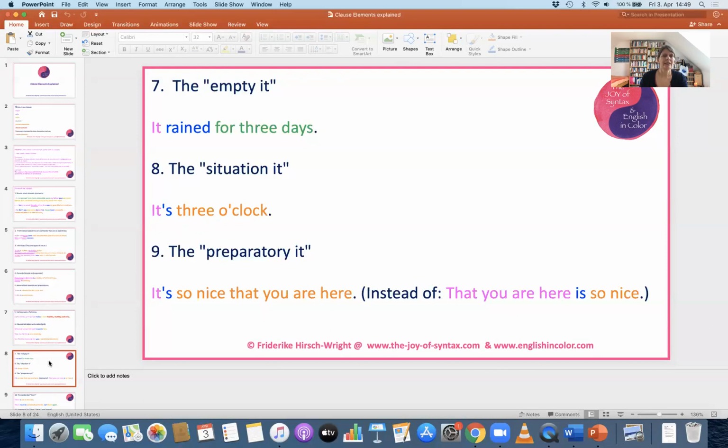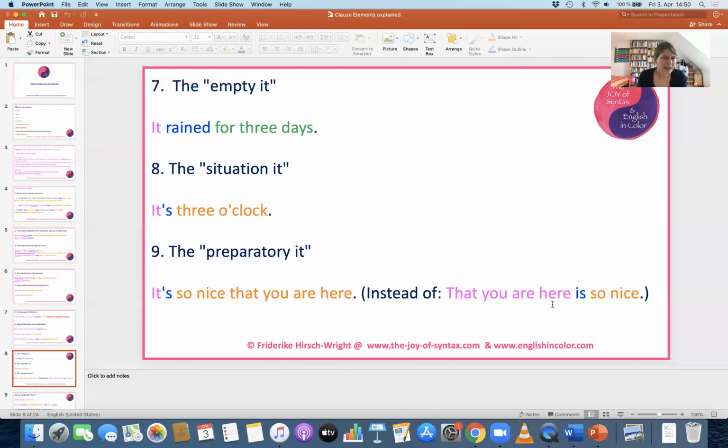Then there is the preparatory it, which is different. The preparatory it points to a following real subject. So the preparatory it is a grammatical subject which has been used in order to make the sentence more manageable for the reader or hearer. So the real semantic subject would be that you are here. And we can turn that into the grammatical subject in this sentence, and then we have a that clause as subject.